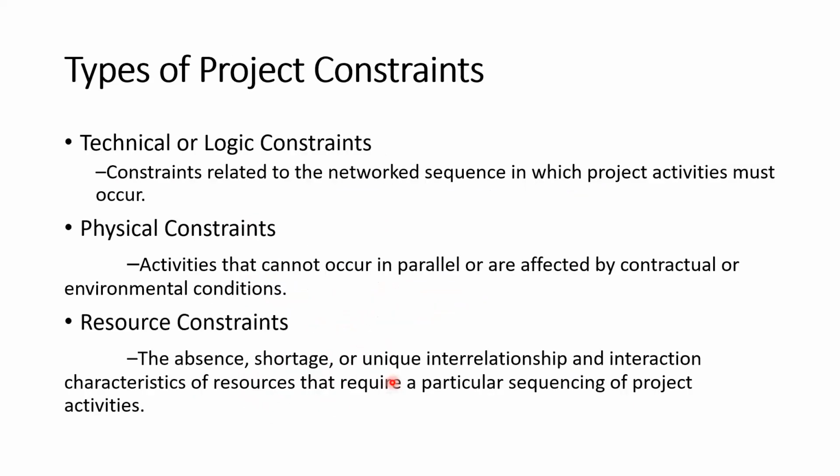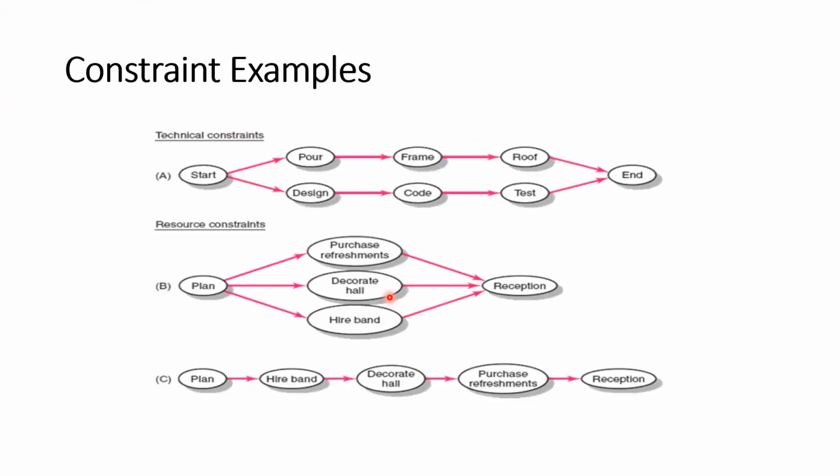These are activities that cannot occur in parallel or are affected by contractual or environmental conditions. There are some activities that could happen in a parallel manner, but due to the resource and physical constraints, they cannot do those activities in parallel. So this is an example of the resource constraint. Do you have any questions regarding these examples?